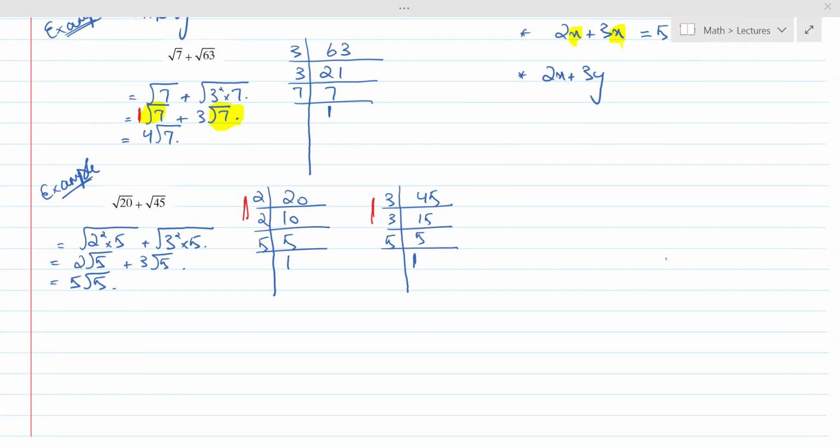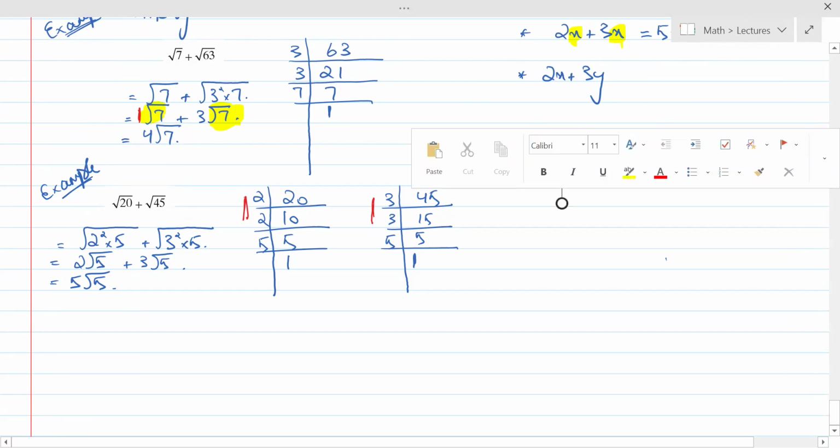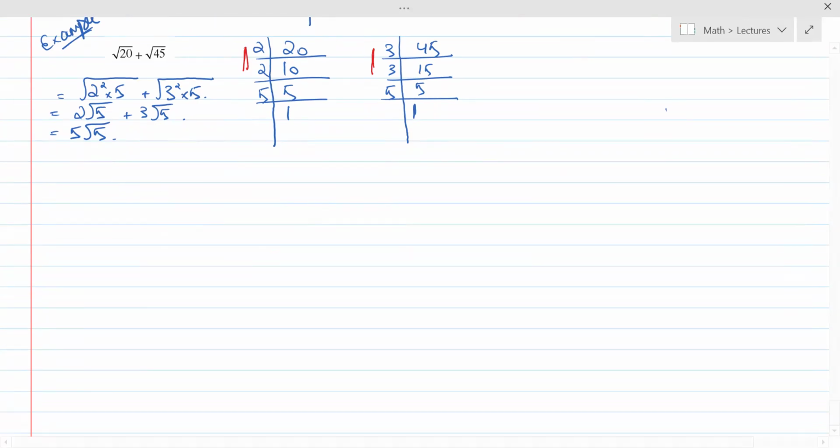For example, here again the question would be saying simplify. Now all these three numbers in surd form, we can see some simplification to be done first.